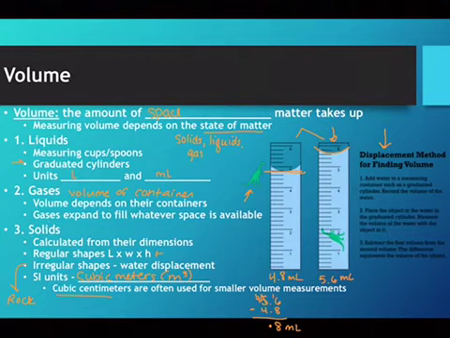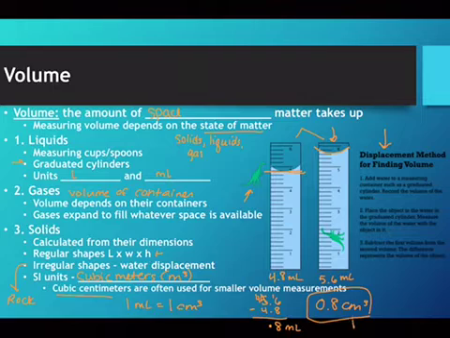Oftentimes we'll use cubic centimeters for smaller volumes of measure, and it is important to know that 1 milliliter equals 1 cubic centimeter. So we could say that our dinosaur also has a volume of 0.8 centimeters cubed. Either one, the centimeters cubed would probably be more accurate since we're talking about the dinosaur being a solid.